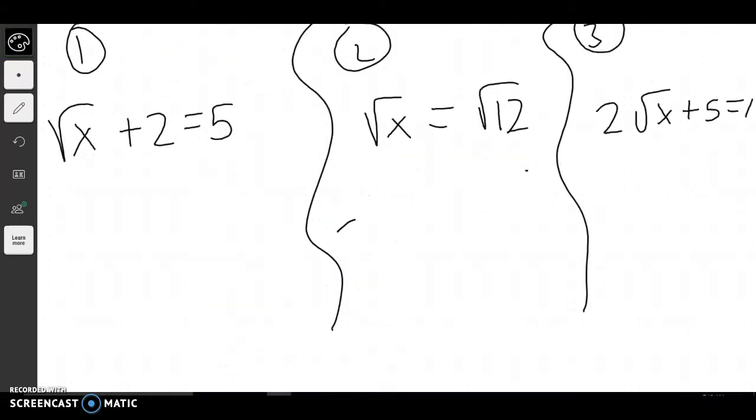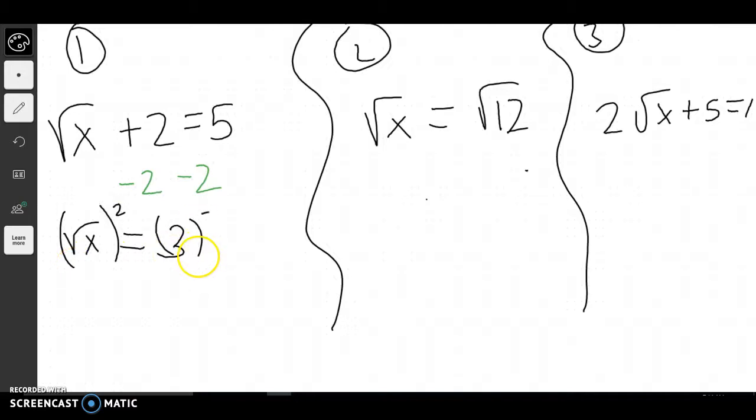Okay, so let's try these 3 examples. The first thing with this radical equation, again, is you want to do the opposite order of operations, which is deal with the plus first. So we're going to subtract 2 from both sides. We're then going to get radical x by itself. To undo the radical x, again, we're going to square both sides.